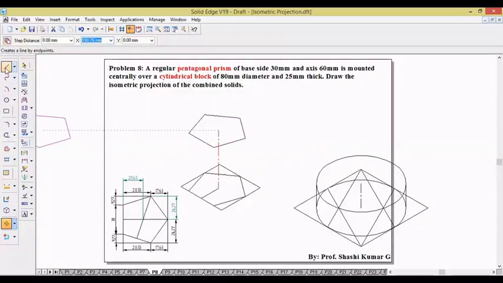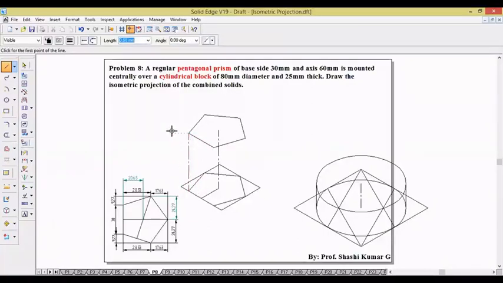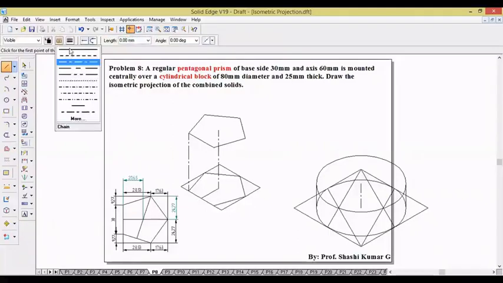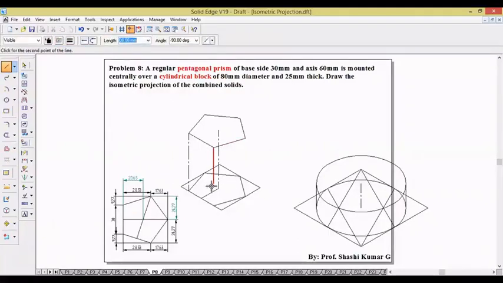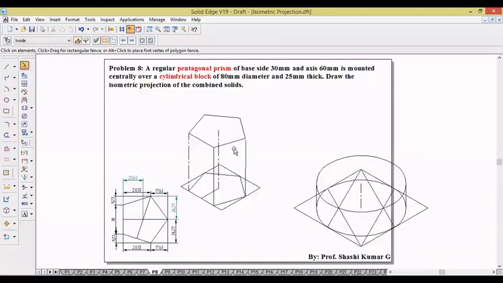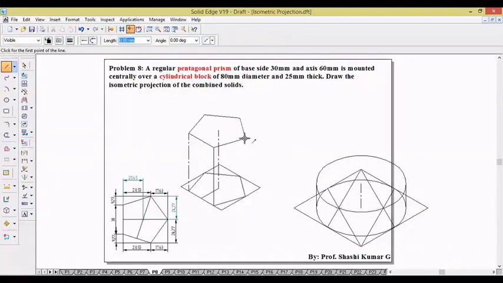Join the corresponding corners to get the lines. Anyhow, the rear end is going to be invisible, so the rear two corners no need to join.